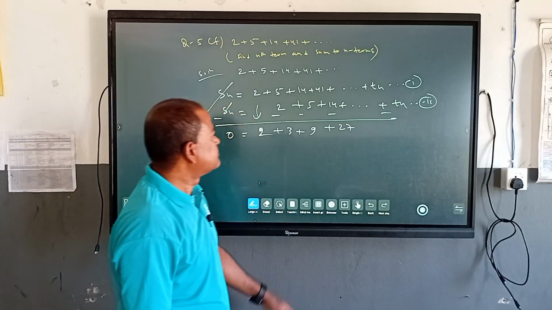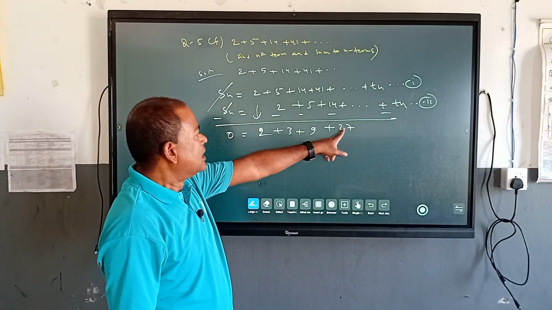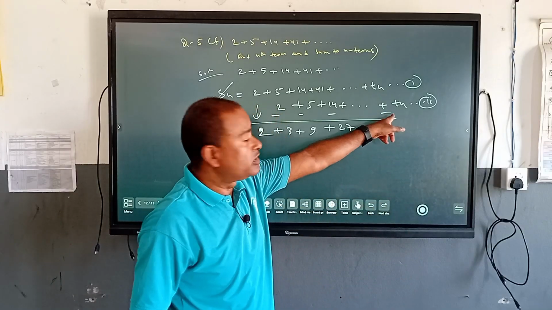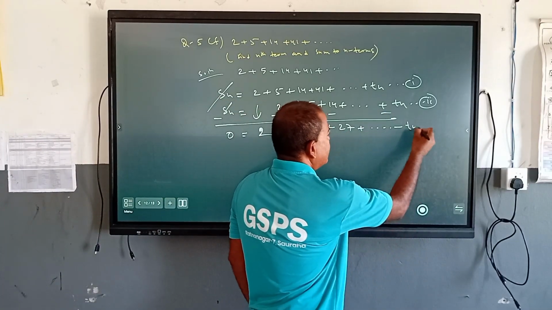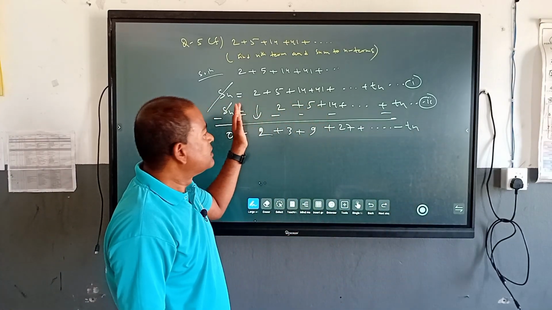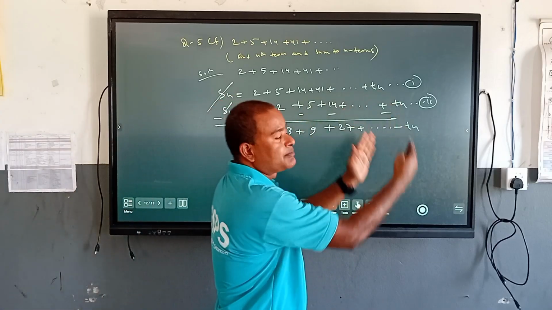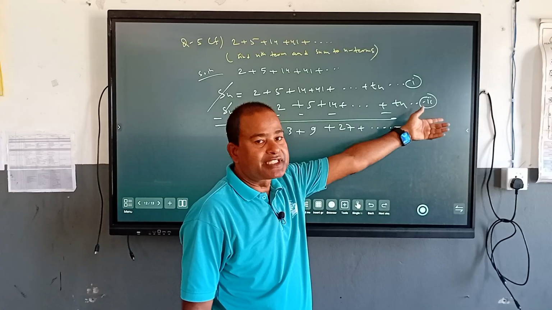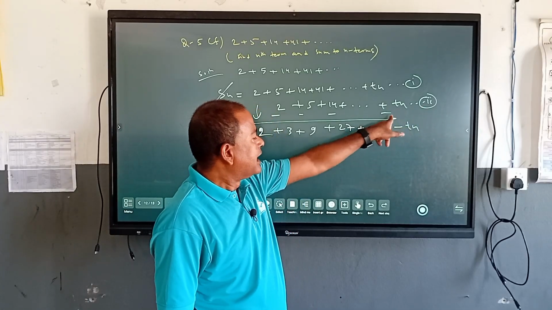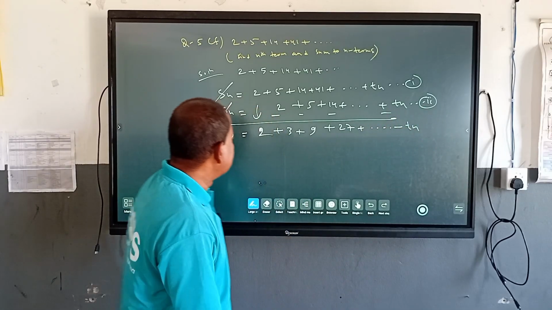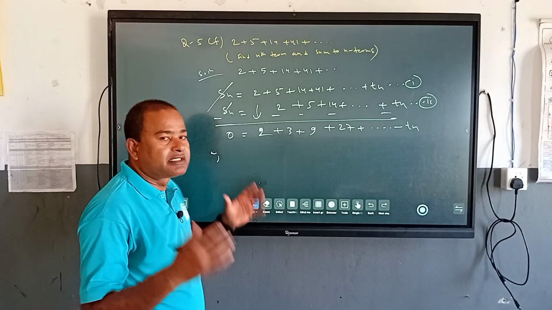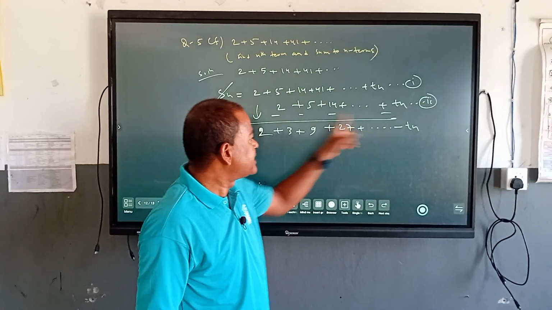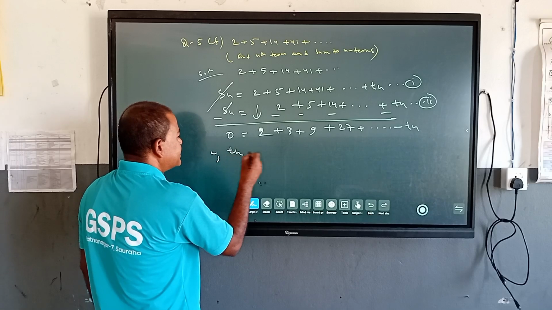Dear students, now the last term will be minus Tn, because we have moved the given series just one step to the right. So this Tn goes at the end of the series, and the last term we get is minus Tn. By solving this series we'll get the value of Tn. So let's move minus Tn to the left side. We get plus Tn.